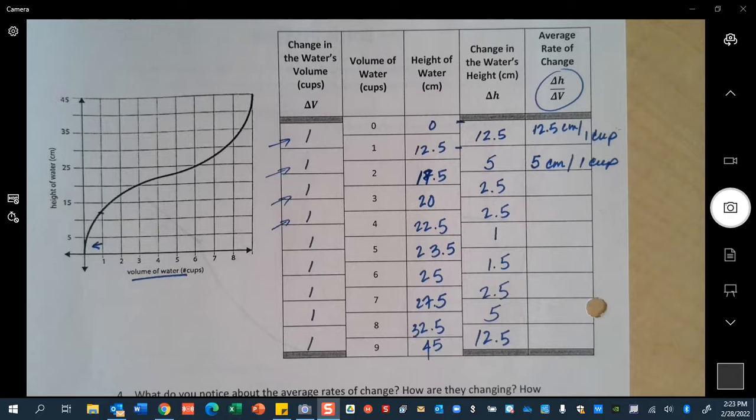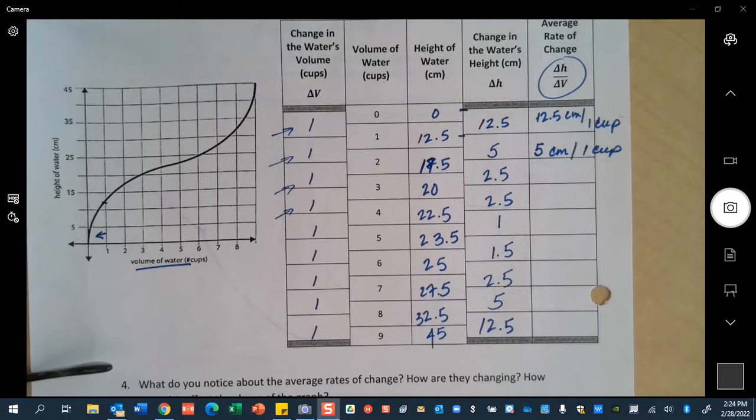It's still increasing. In fact, the entire graph is increasing because I'm always putting water in and I never take any water out. So my graph and my height are always increasing because I'm always putting water into the bottle. But this is increasing at a decreasing rate. So does that mean that my bottle is growing fatter or growing skinnier?